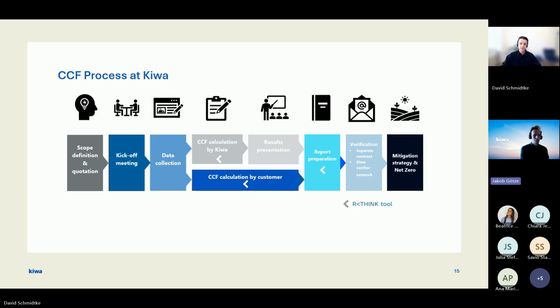As you can see, the CCF process starts by defining the boundaries to assess which operations and entities of a company to include in the study. Afterwards, based on this boundary setting, the activity data is collected and emission factors are applied in the calculation part.